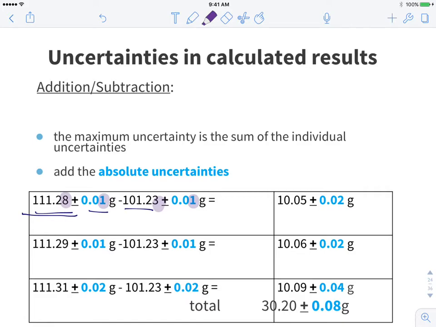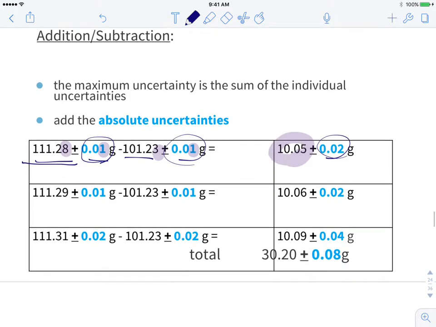Now if I were to subtract these two values, I would get 10.05. And what I do with this is I add the uncertainties. So if the first was 0.01 and the second one was 0.01, together the total is 0.02.